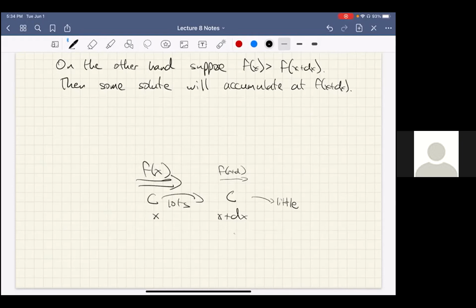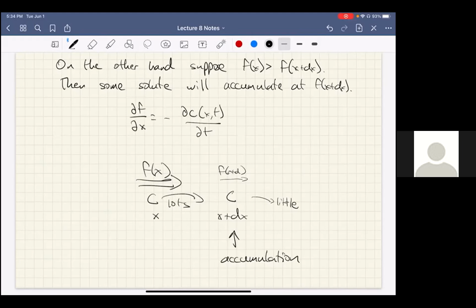So there will be an accumulation over here. This can be represented in a differential equation as follows. The partial change of flow with respect to x is equal to negative the change in concentration with respect to time.